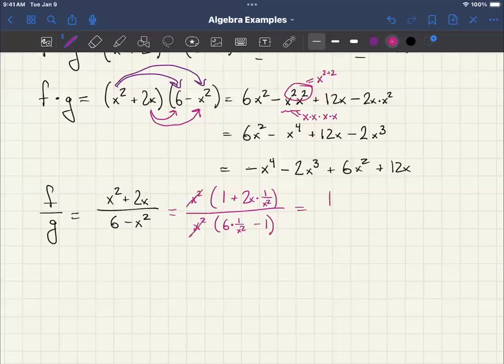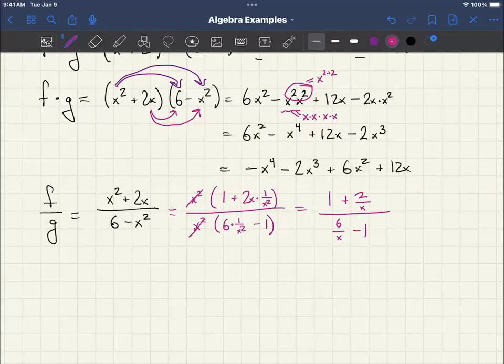On your numerator, you'd be left with 1 plus 2 over x divided by 6 over x minus 1. Now, I would argue this one looks a little bit uglier because you've got smaller fractions within a bigger fraction.